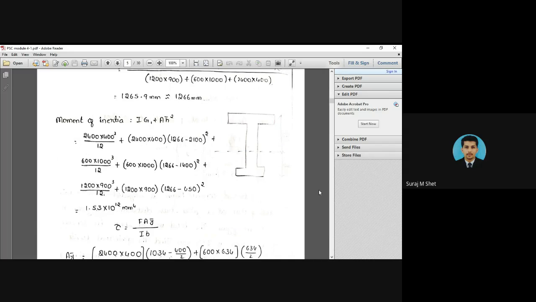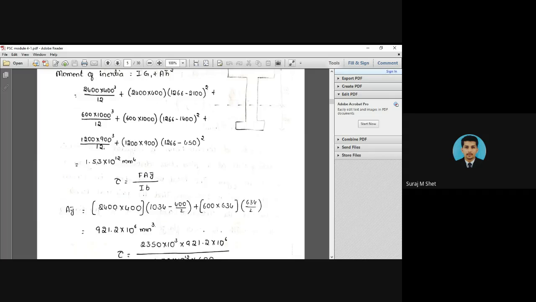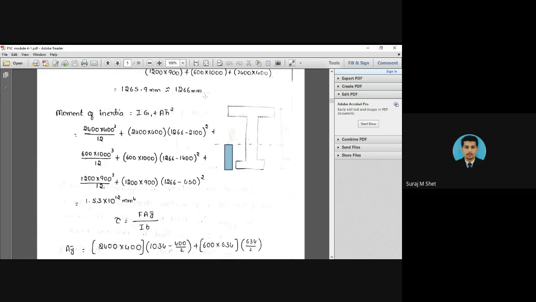You have to calculate area above the section. So I am substituting the values here. See here, this is 2400 into 400. This is above, 2400 into 400. This is 2400 into 400 into what is 1034. How do you get the 1034? See, this is my y bar value. What is the y bar value? You calculate from the figure, 1200 something, right? 1266. So what is the overall depth?